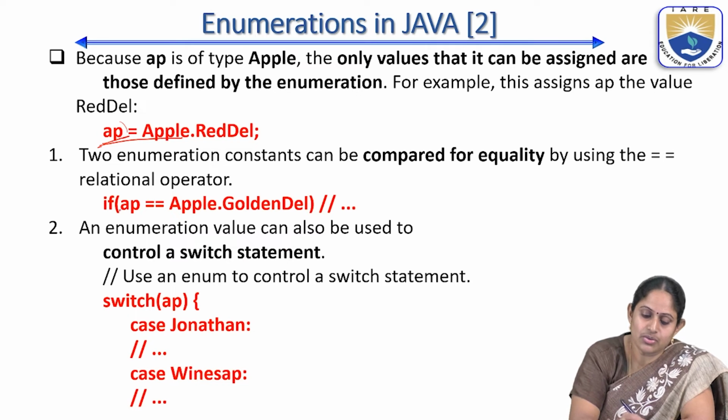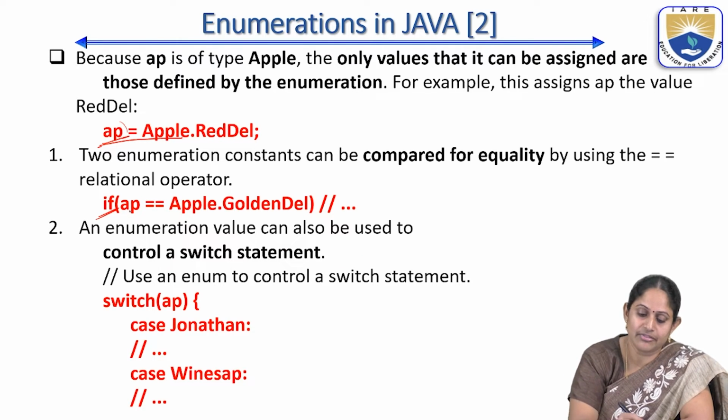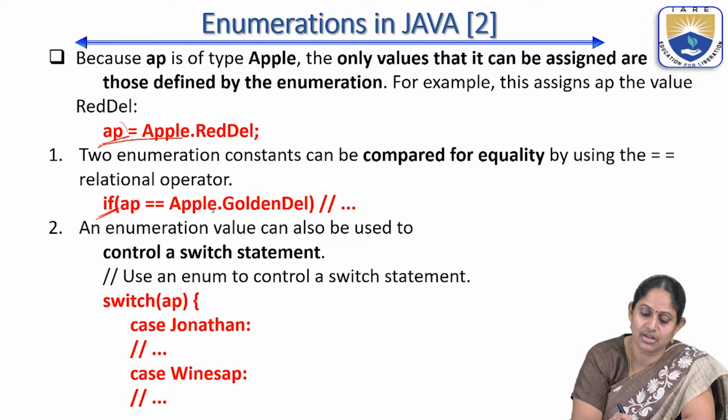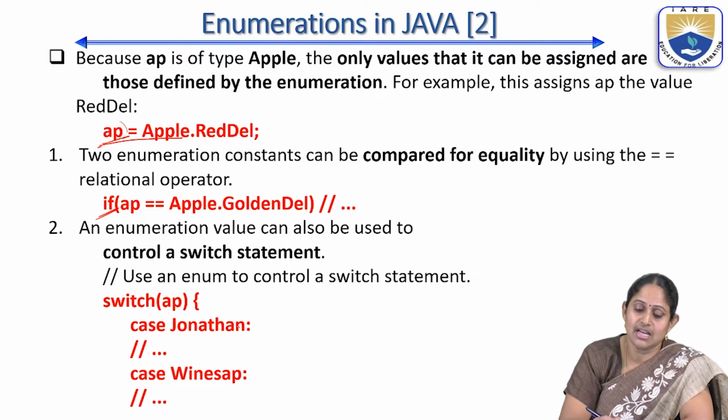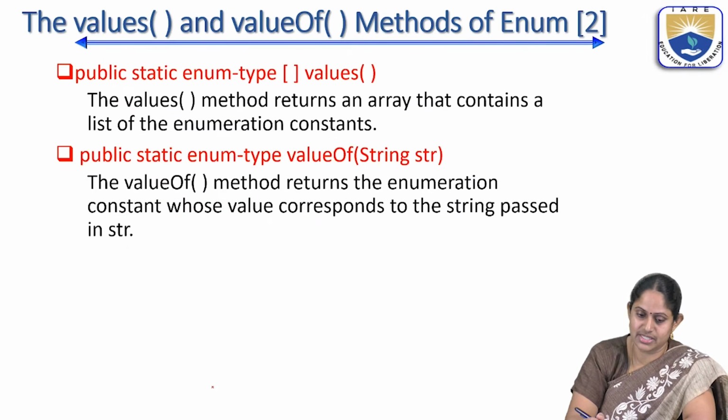We can also use enumeration constants inside an if statement. They can be checked for equality, and we can also use them as the control of a switch statement.